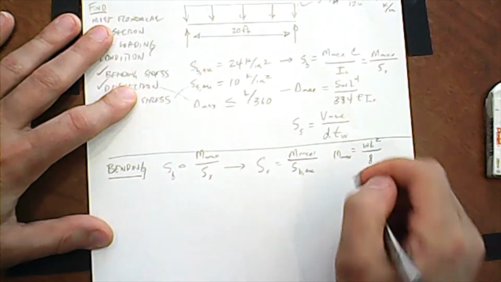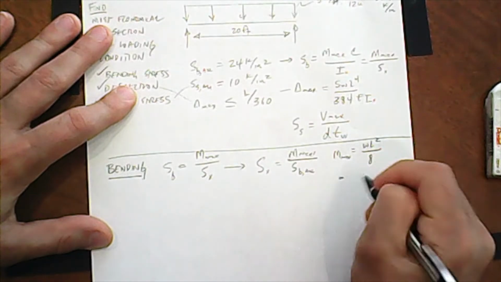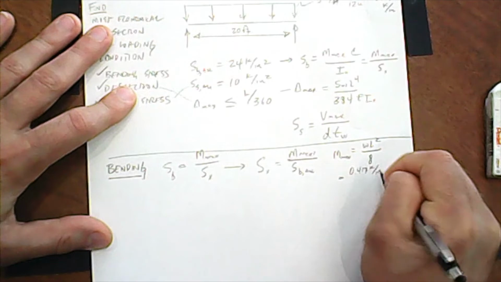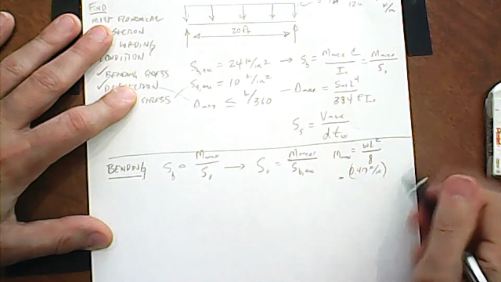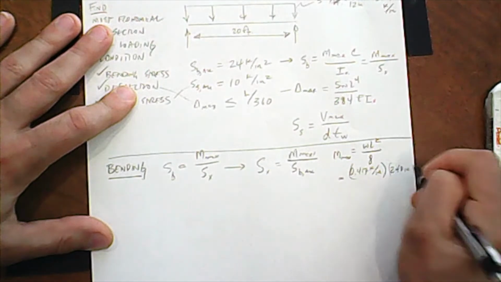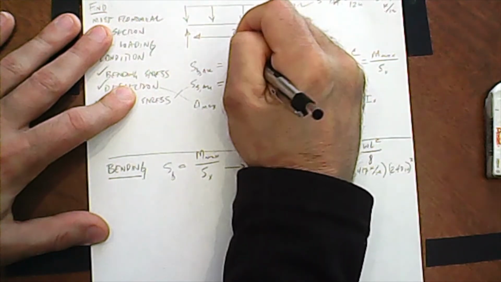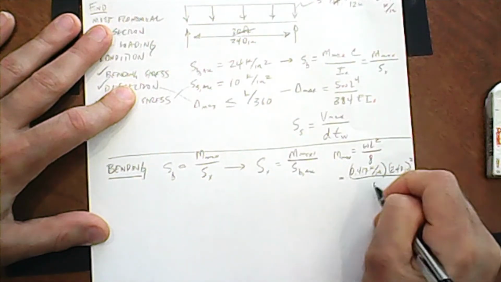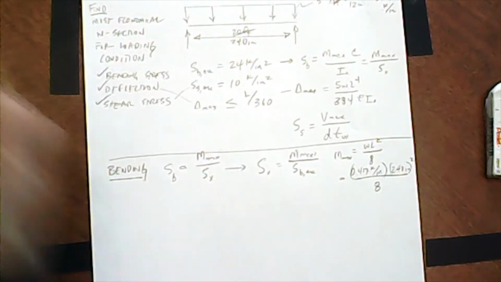So our M max is going to equal 0.417 kips per inch times our length, which will be 240 inches, squared, divided by 8. We don't want to use feet.